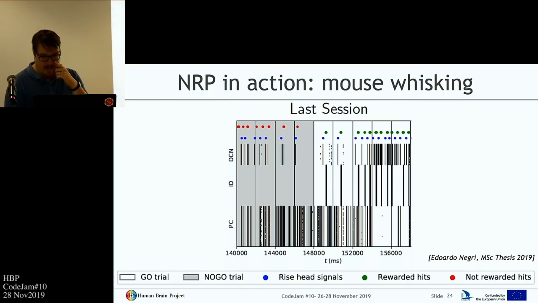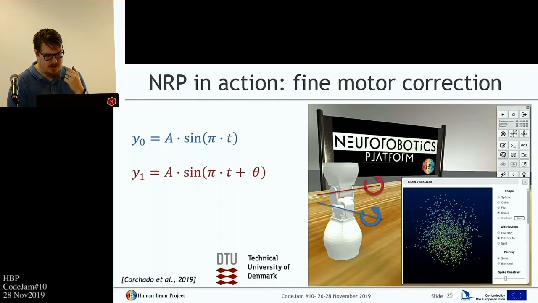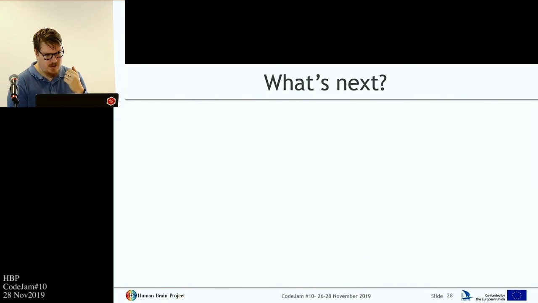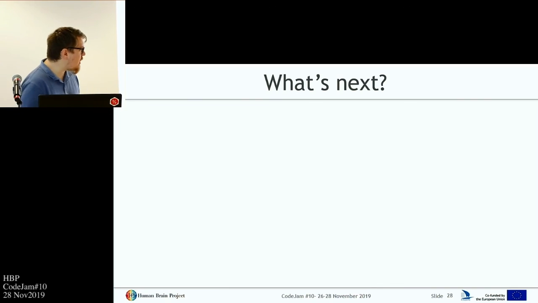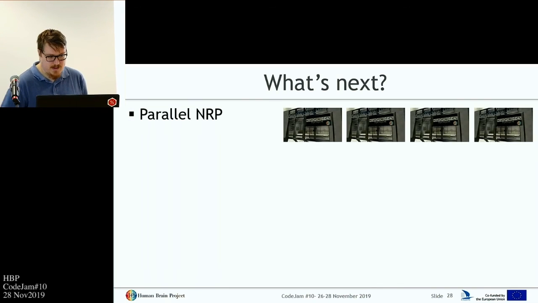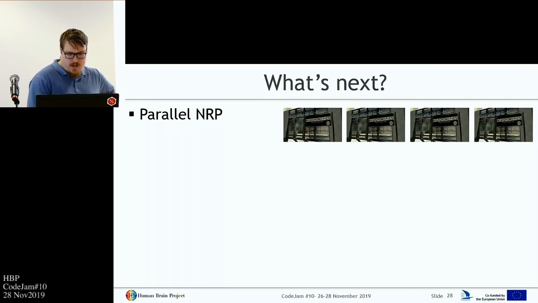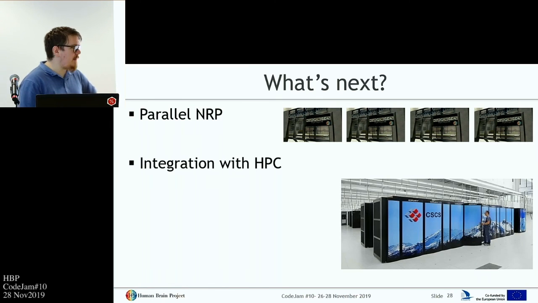I had another example, but my time is running out, so I will go directly to the conclusion. So what's next? I know that the NRP is going to run in parallel, and this is thanks to the integration with HPC systems. I know the guys in Lugano at CSCS are working on this.